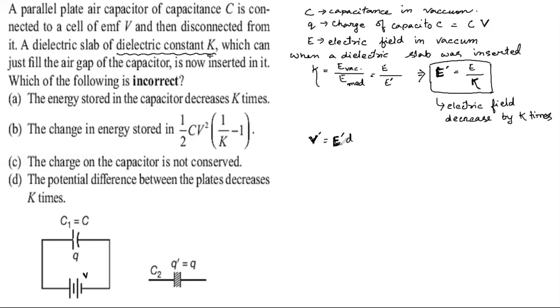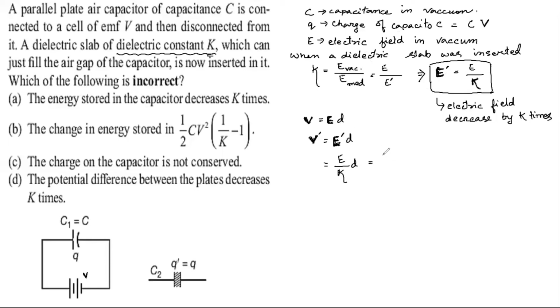Initially in vacuum the potential V was E multiplied by d, where E was the electric field in vacuum. Since the vacuum is changed by the dielectric, it becomes V dash, so we replace E dash by E by K.